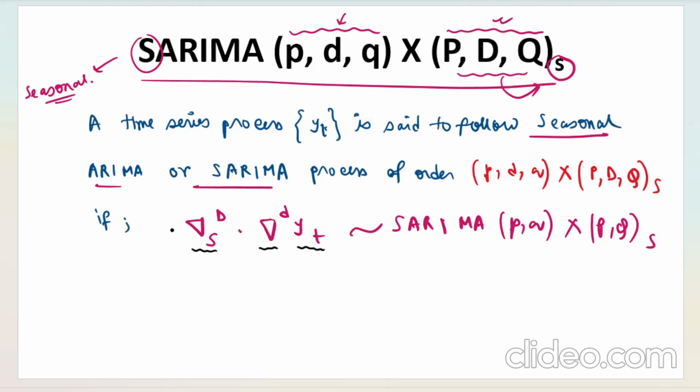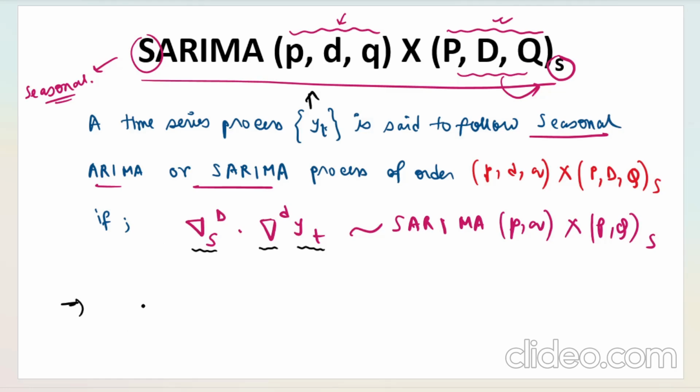And if you apply these two operators on the original Y t, and if you see that this modified process follows SARIMA p, q, capital P, Q, then you will say that Y t follows SARIMA p, d, q, P, D, Q, S, right?